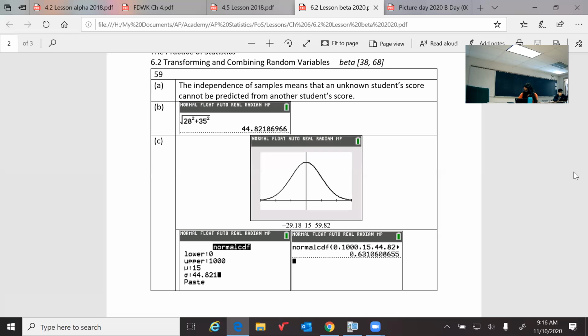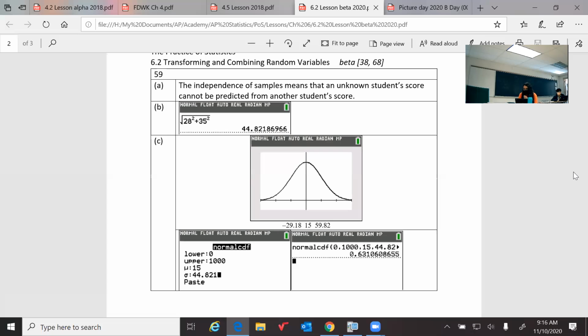You go to your calculator and go to the second bar, which is 2. You start at 0. Make your upper value 100 instead of 1,000. It's just a large number.